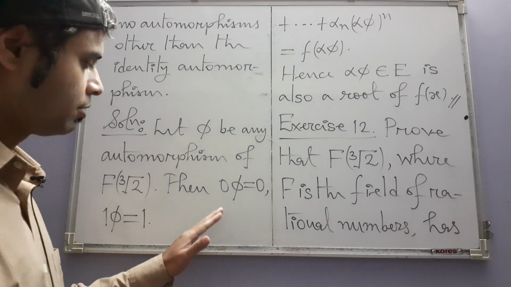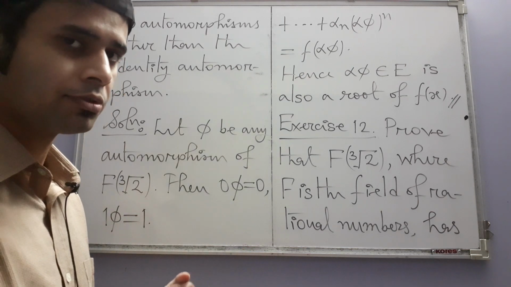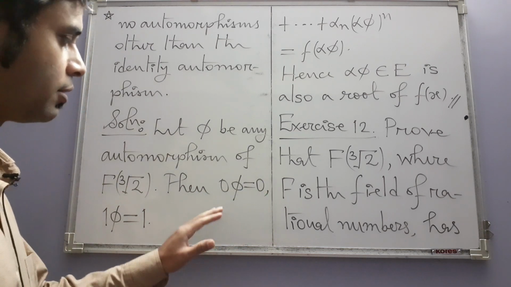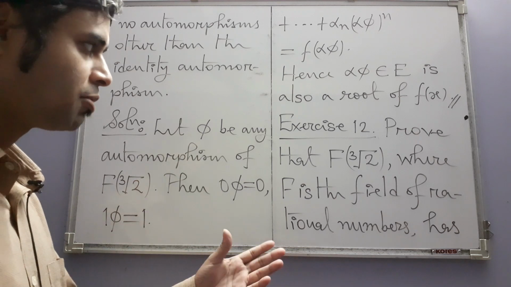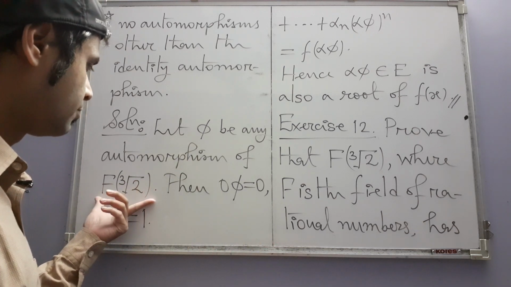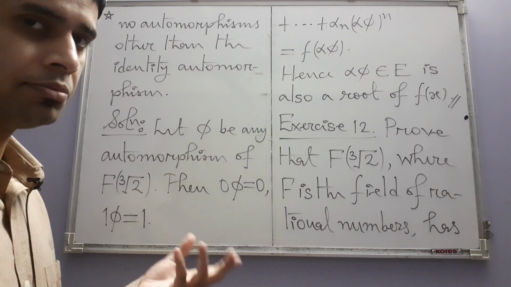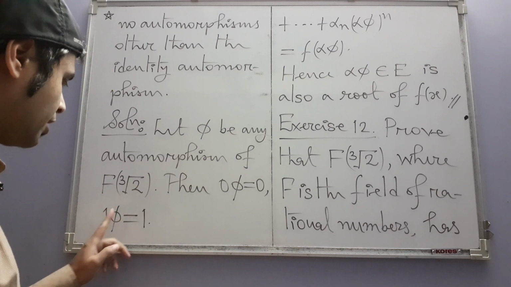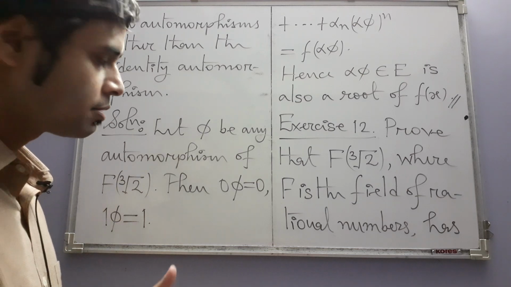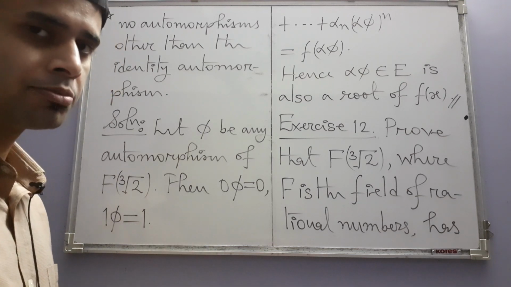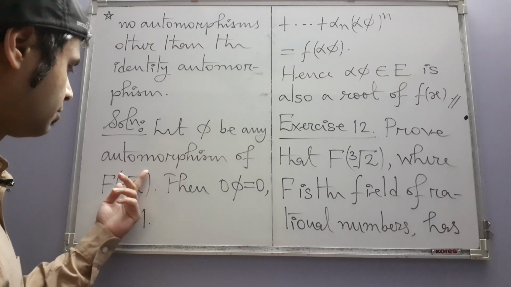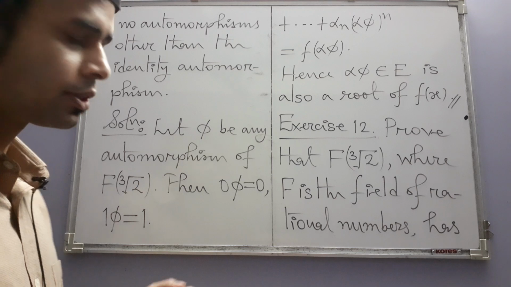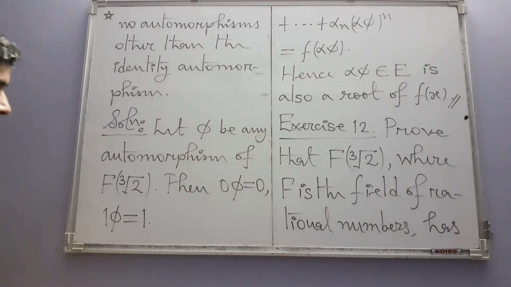Let us recall why this is the fact though. 0 phi is equal to 0 because phi is a homomorphism of the additive group that we have in the field. Just like that, 1 phi is equal to 1 because phi is also a homomorphism of the multiplicative group of non-zero elements in a field. So that is why we are getting these two things.